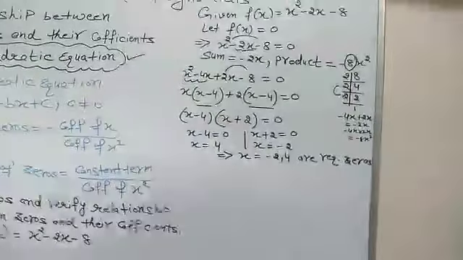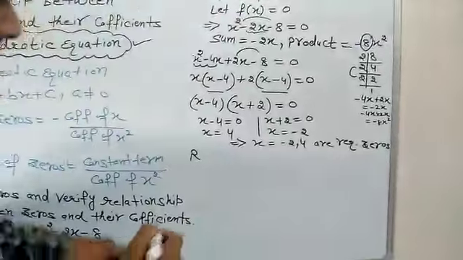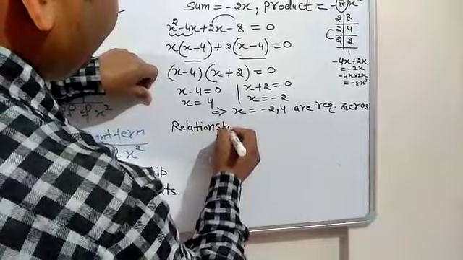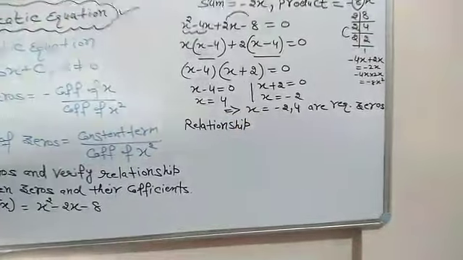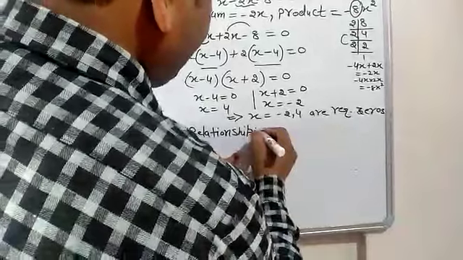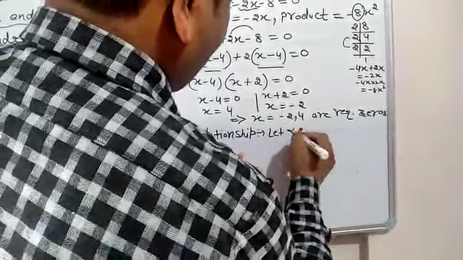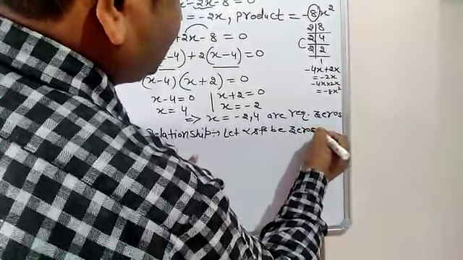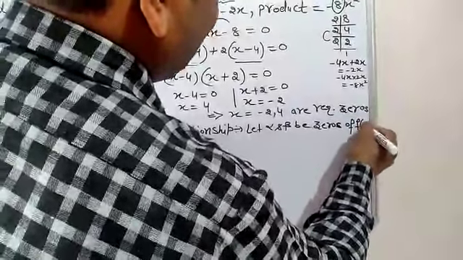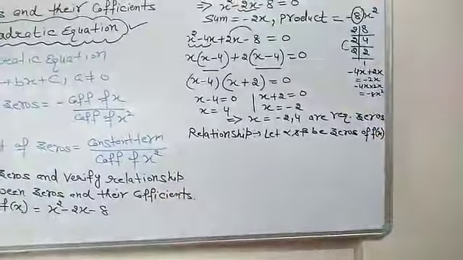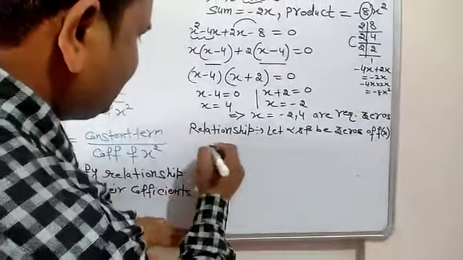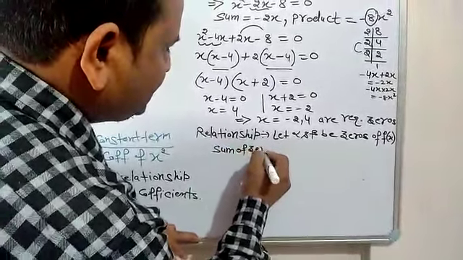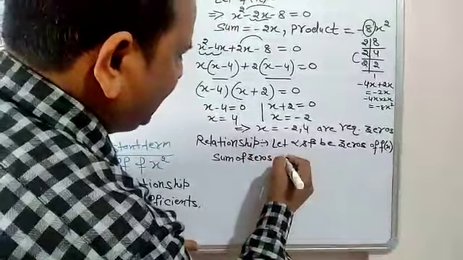Now we are going to find the relationship. So in case of relationship, let alpha and beta be the zeros of the given polynomial, that is f of x. So we have the sum of zeros, alpha plus beta.